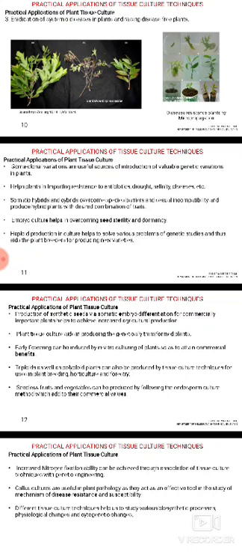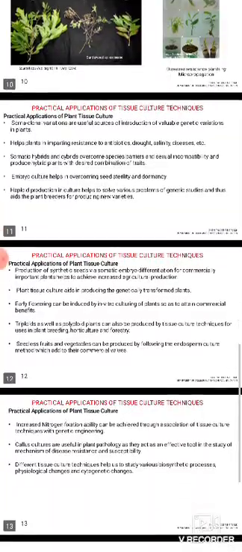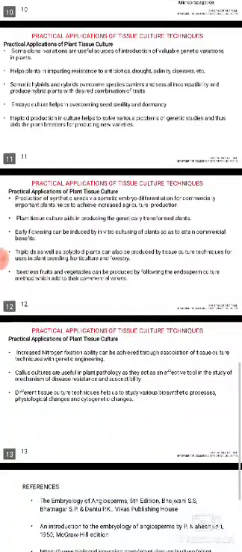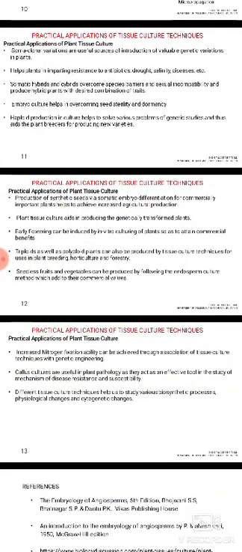Differentiation for commercially important plants helps to achieve increased agricultural production. Plant tissue culture aids in producing genetically transformed plants. The early flowering can be induced by in vitro culturing of plants so as to attain commercial benefits.